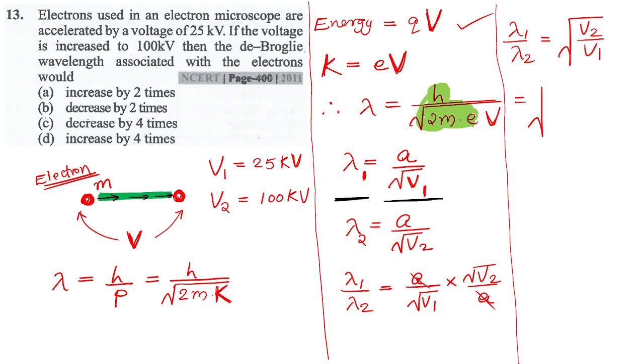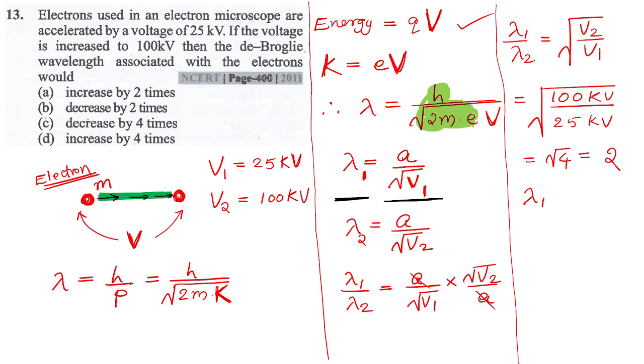Root of 100 by 25, both having the same unit, so the units cancel. That is root 4, which is 2. So lambda 1 by lambda 2 equals 2.